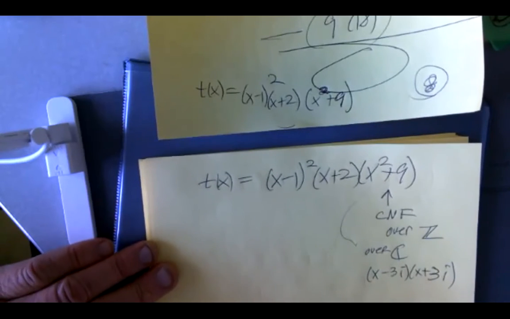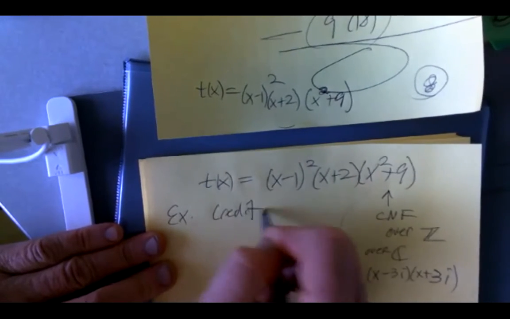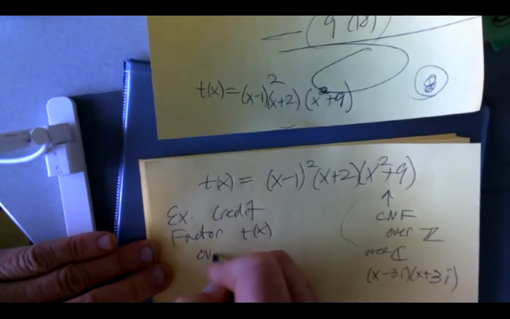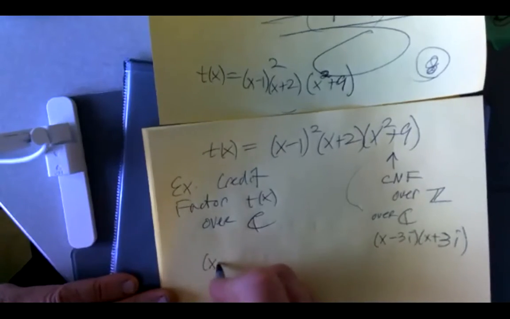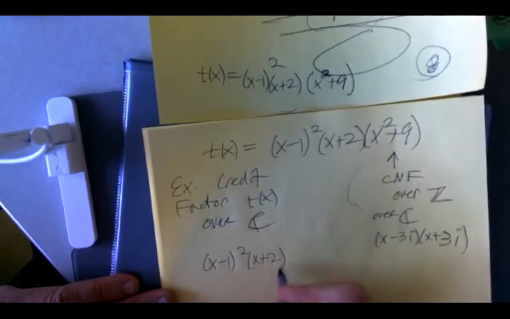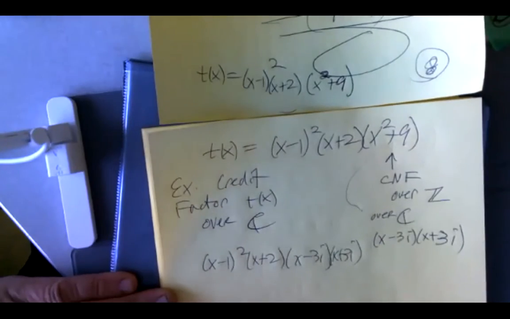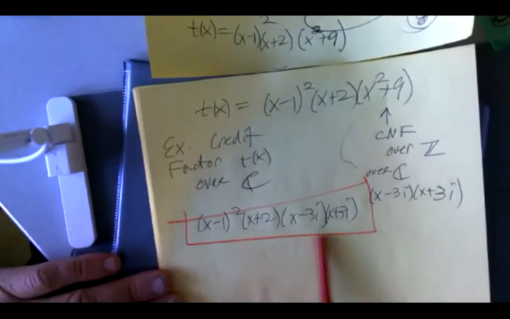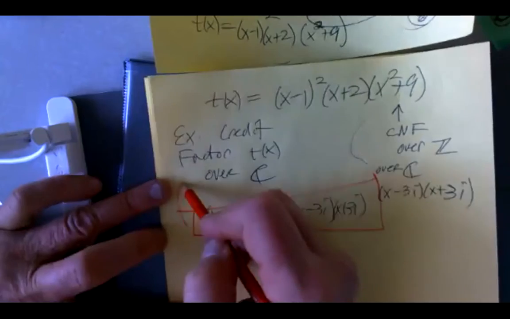Maybe I'll say, okay, extra credit question: factor T of x over C. If I said that, the answer is this. That would be the answer for the extra credit. You're allowed to use complex numbers over C. So this is just an extension.